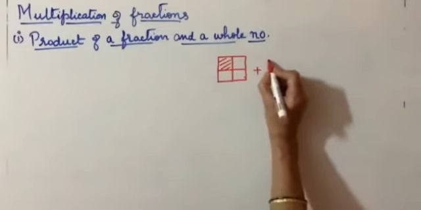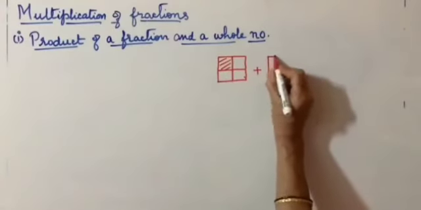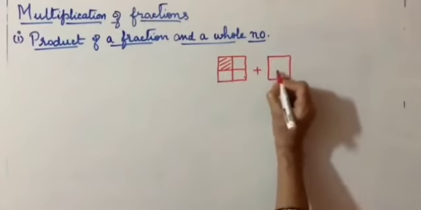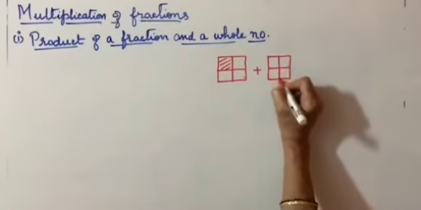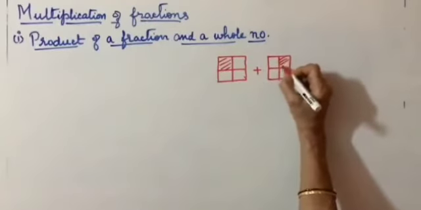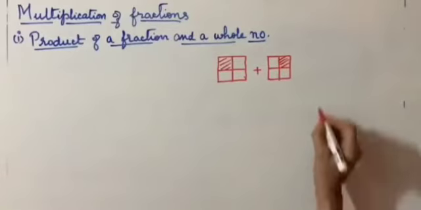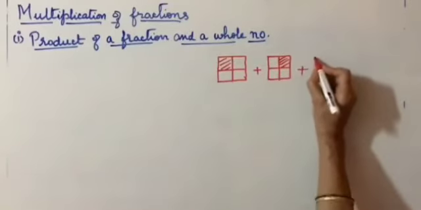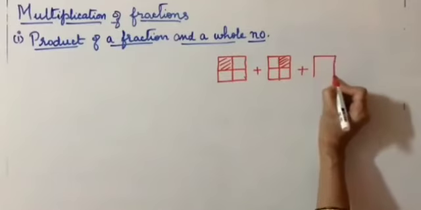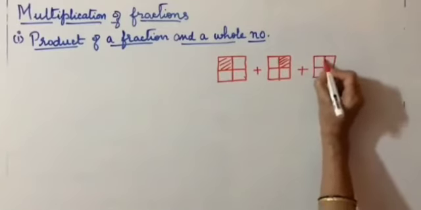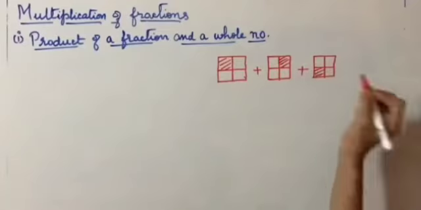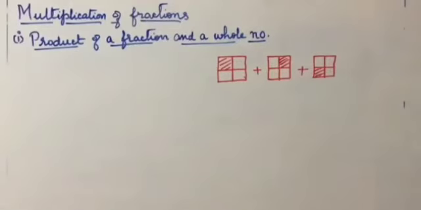Similarly, I have one more square, let us say, and I have shaded one part. Again, I have one more square and I have shaded. Now, have you all written the fraction for these?